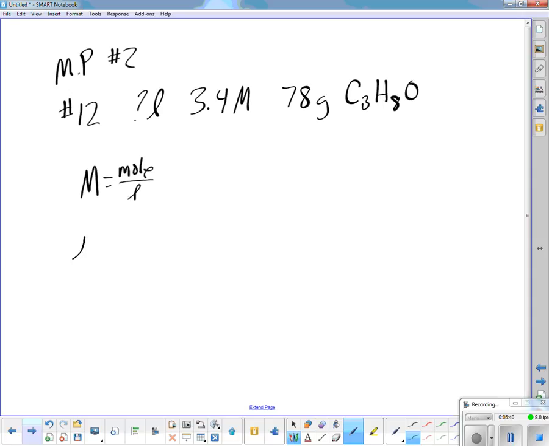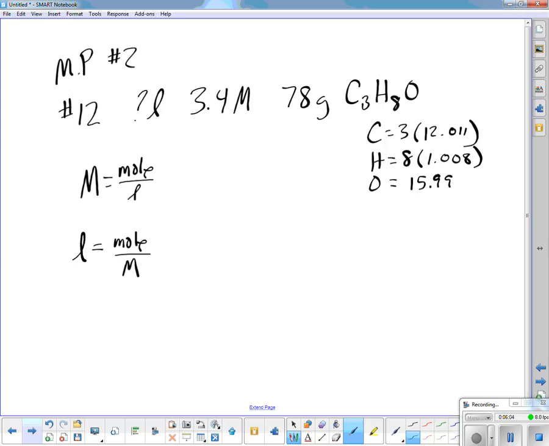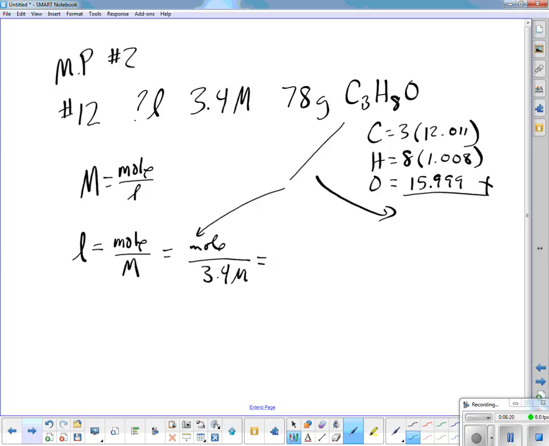They're wanting us to find liters, so we're going to take moles and divide it by molarity. First we have to have moles. We don't have moles. How do I find moles? Well, I have to add up 3 carbons, 8 hydrogens, and an oxygen. Once I've got that added up, I'm going to take this and divide it by that, and that's my mole. And then on the bottom, molarity, 3.4, plug through.